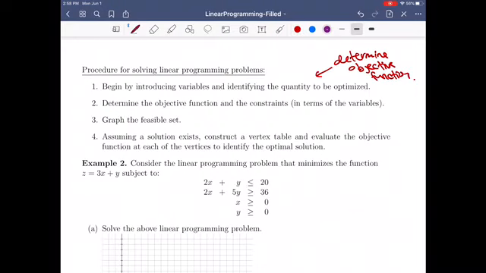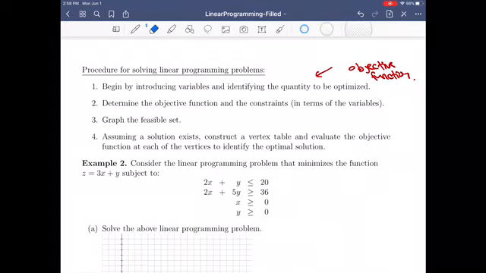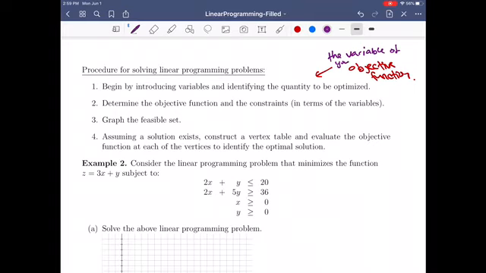But so you need a quantity to be optimized. So I shouldn't say determine your objective function. It's the variable of your objective function. So what you want to optimize. And then you want an equation for that and equations for the constraints in terms of the variables.